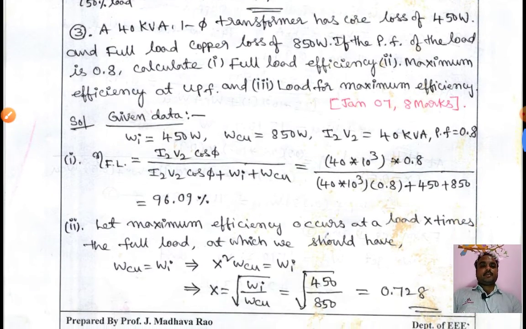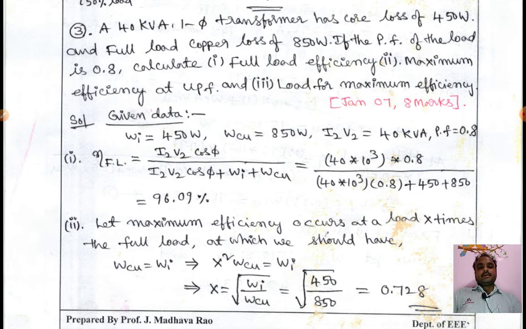Next, one more important problem. This is very important. Many times they ask in your VTU examinations. A 40 kVA single phase transformer has core loss of 450 watts and full load copper losses of 850 watts.